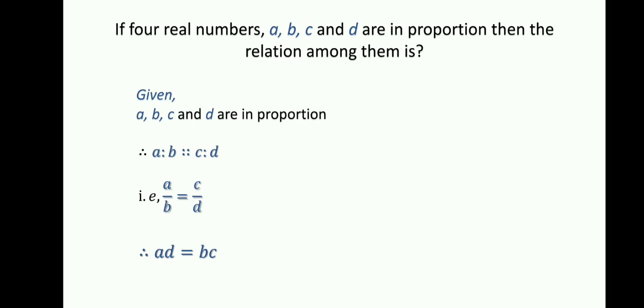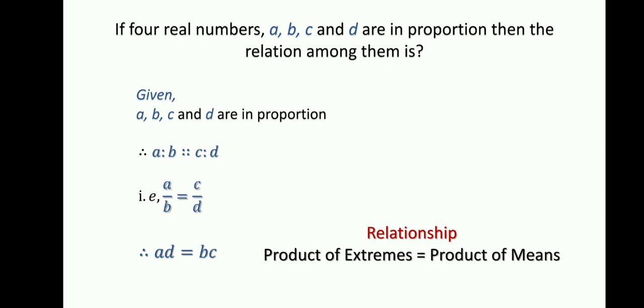And what are a and d? Like we learned, a and d are called extremes, and b and c are called means. So what is the relationship here? The product of extremes will always be equal to the product of means. You could use this relationship to solve questions, or you could simply use a by b is equal to c by d also to solve the questions.